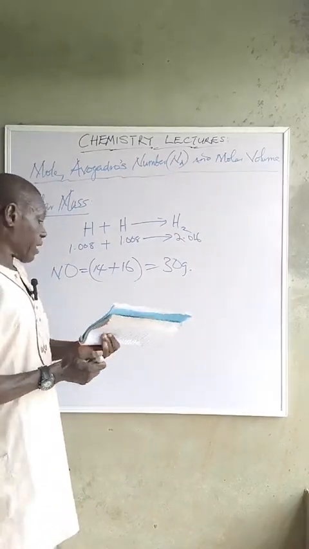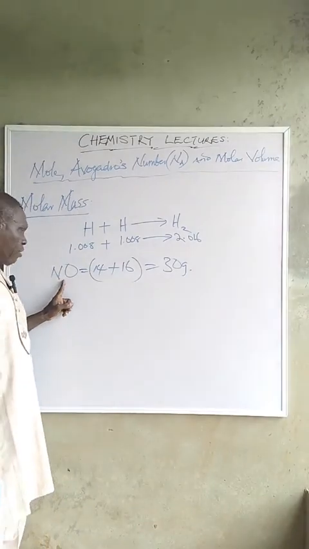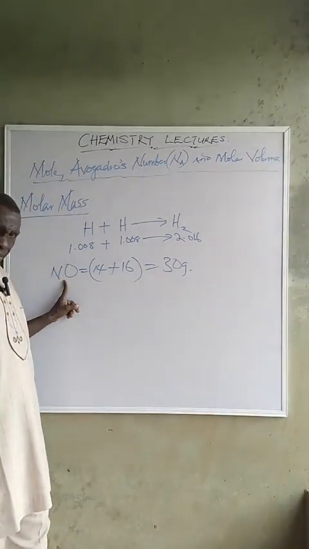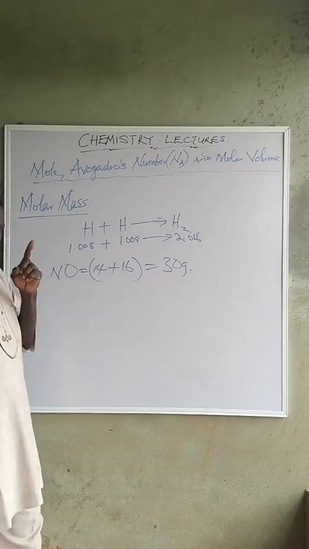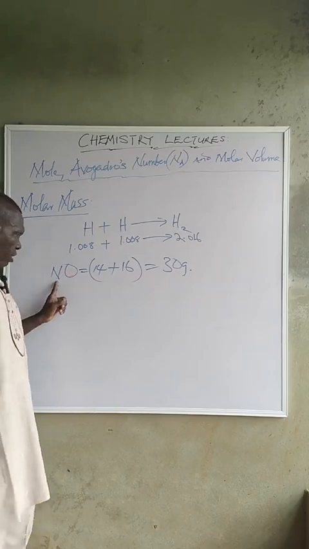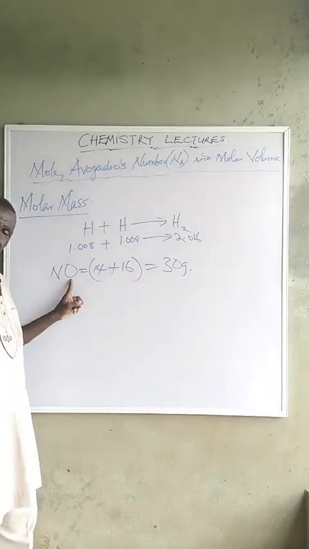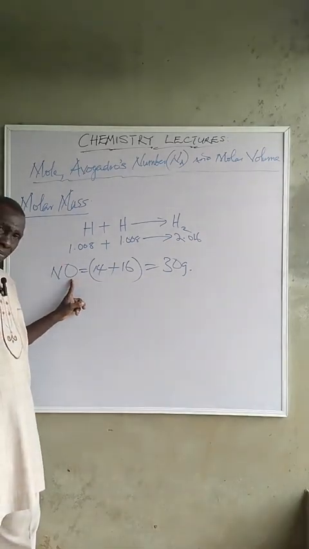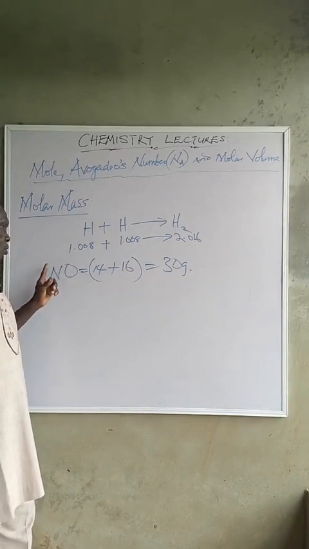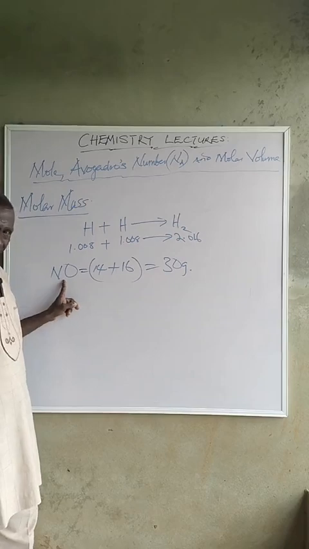Now, in this second one, those of you who are doing chemistry, this is nitrogen 2 oxide. That means, if you look at this formula, you are seeing one atom of nitrogen reacted with one atom of oxygen to produce what? 1 mole of nitrogen 2 oxide.